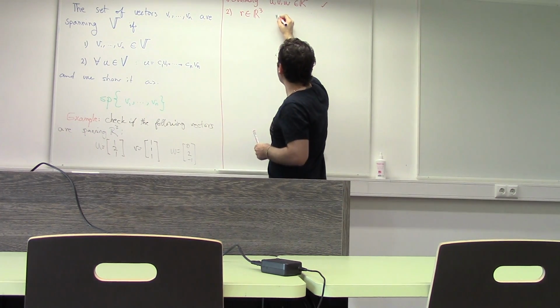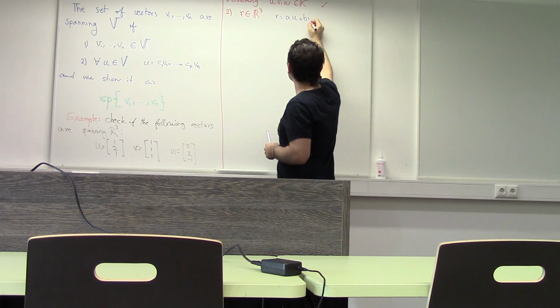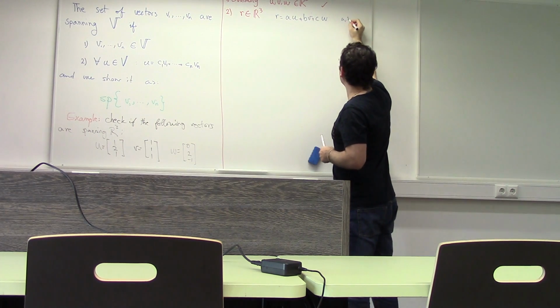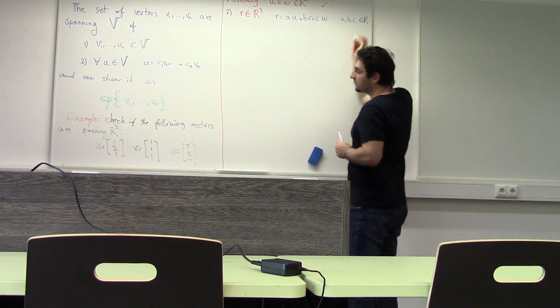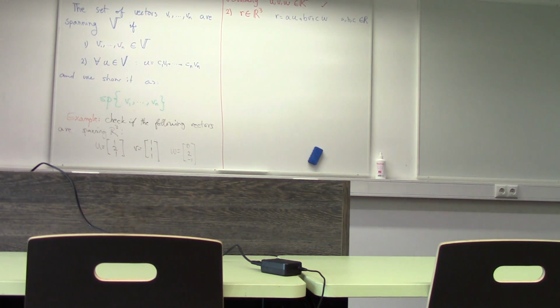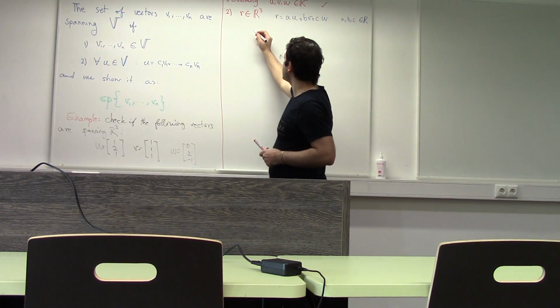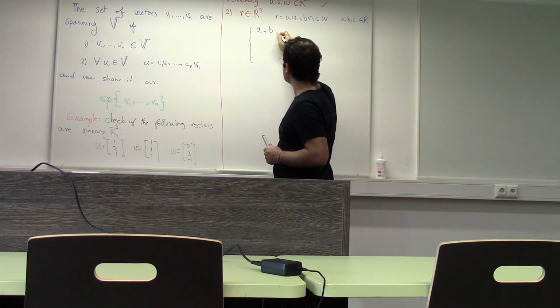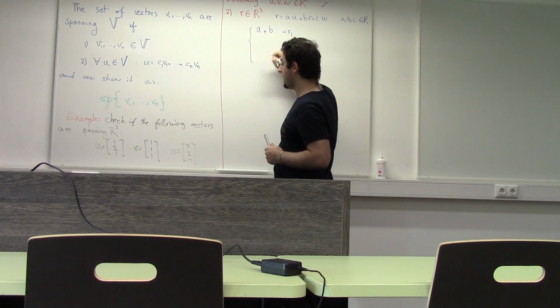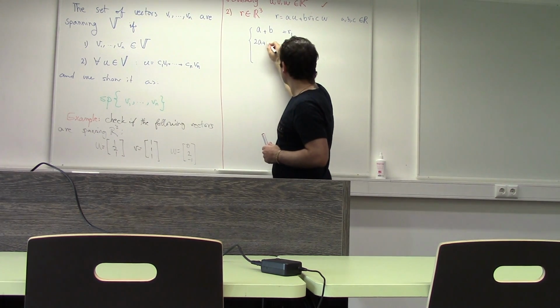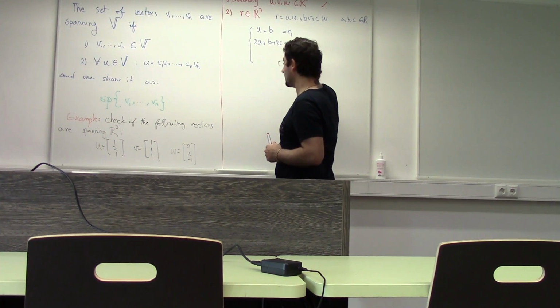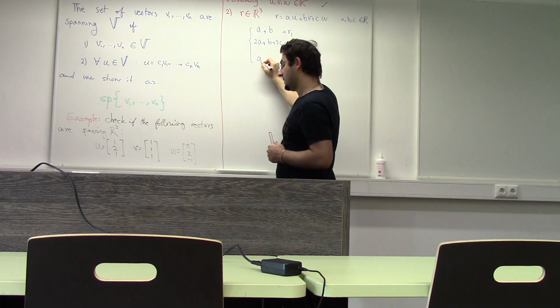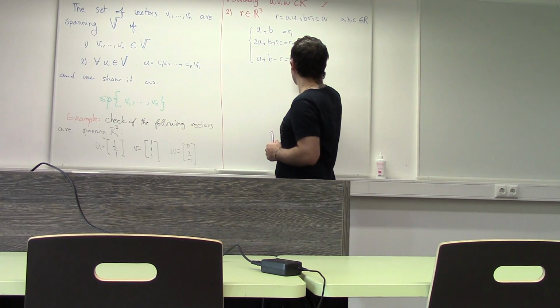And we want to see if R can be represented as AU plus BV plus CW, where R, A, B, and C belong to our field, which is R. So this means that A plus B plus 0C is equal to R1, 2A plus B plus 2C is equal to R2, A plus B minus C is equal to R3.